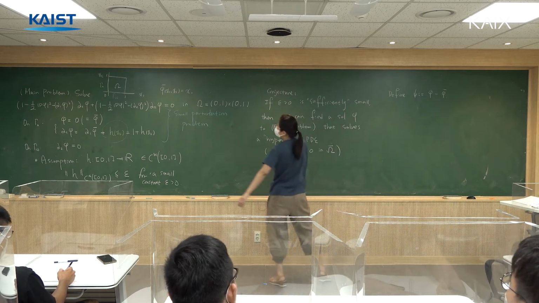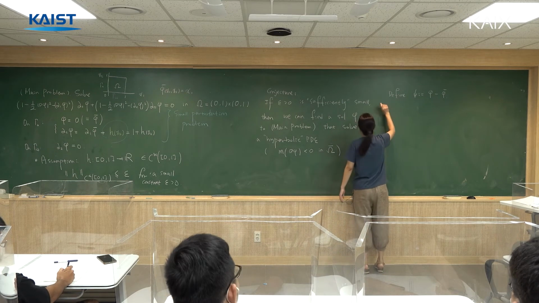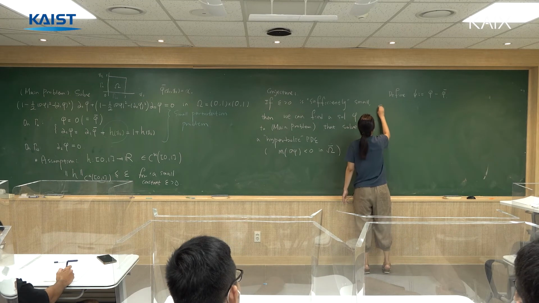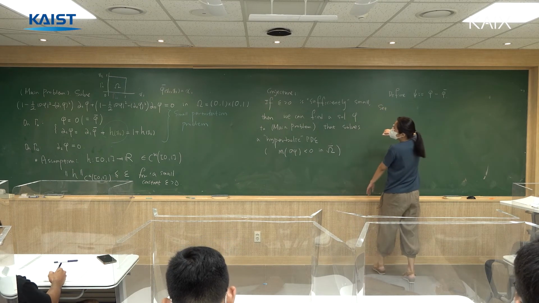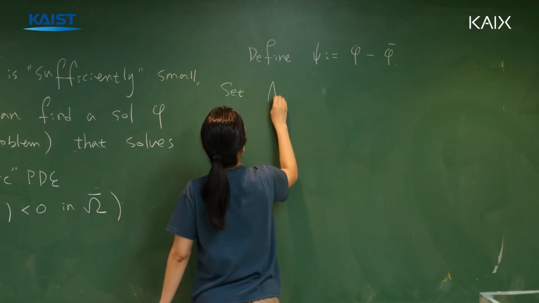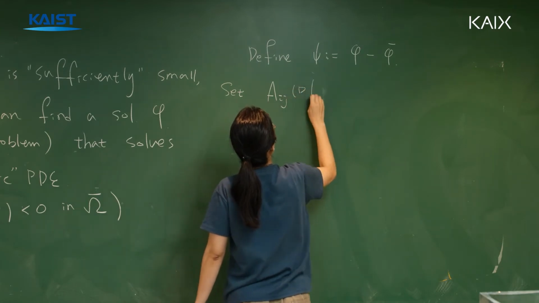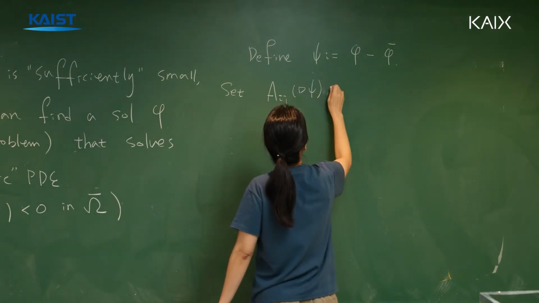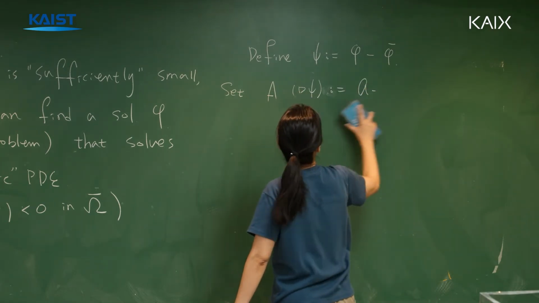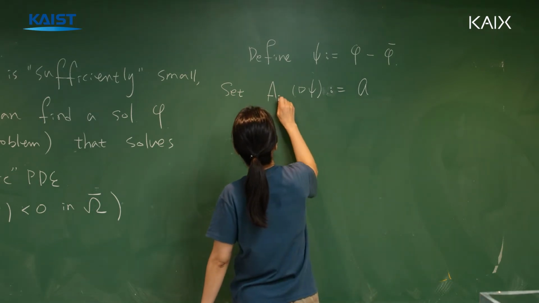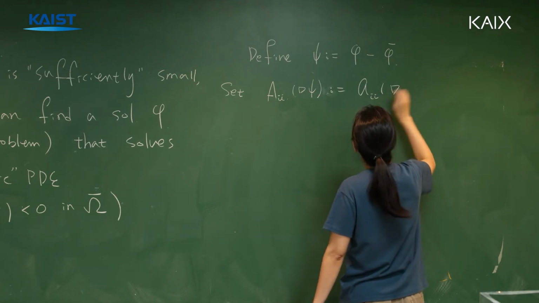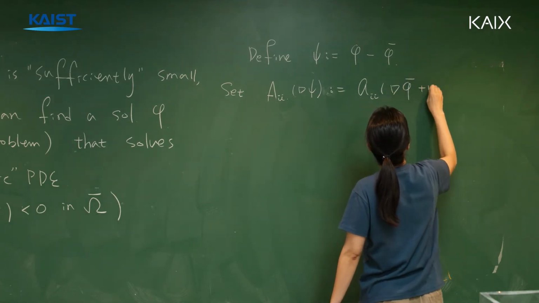And for that, let me also define the coefficient in terms of the gradient of psi. So let us set, maybe I will use large A, ij of gradient of psi, to be small a, ij of gradient of phi bar plus gradient of psi.